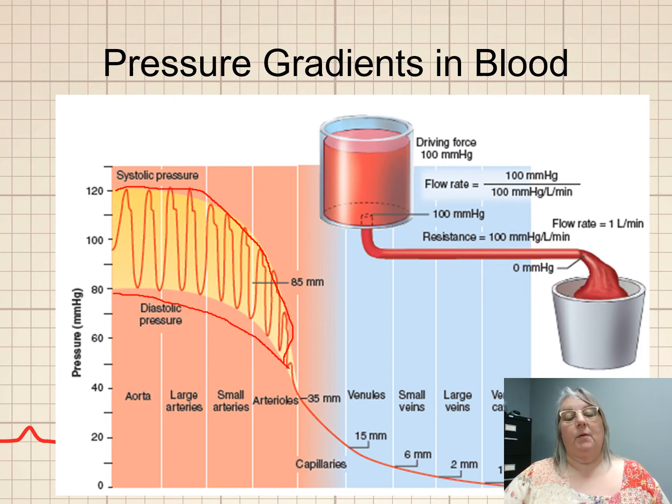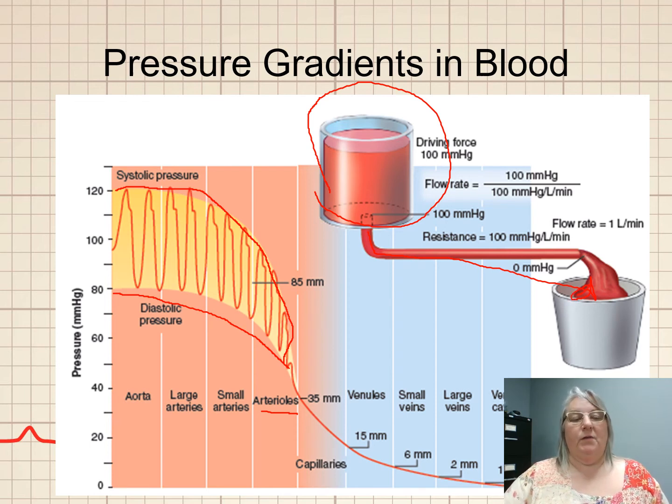When we take blood pressure, and then look at the difference between the arterioles and look at this high pressure here, and it goes right down here to a lower pressure. Fluid will do that all the time.